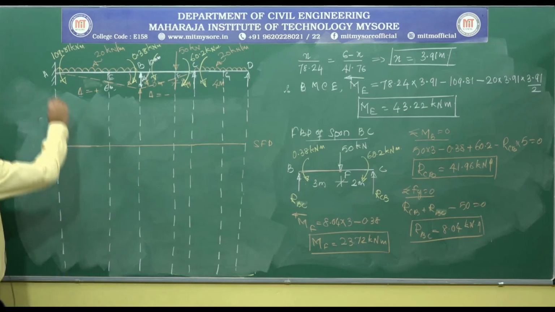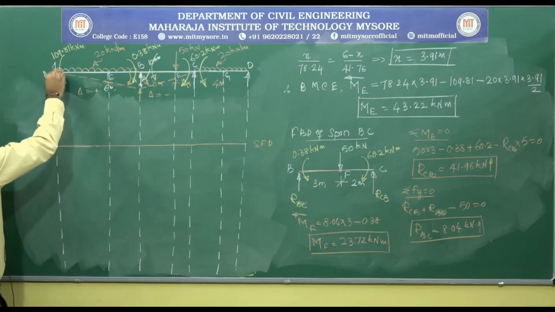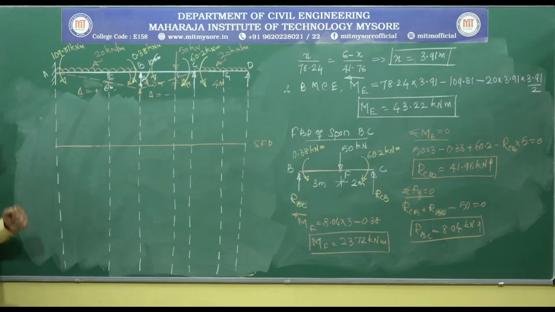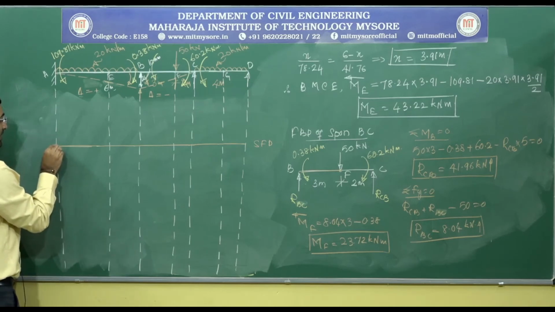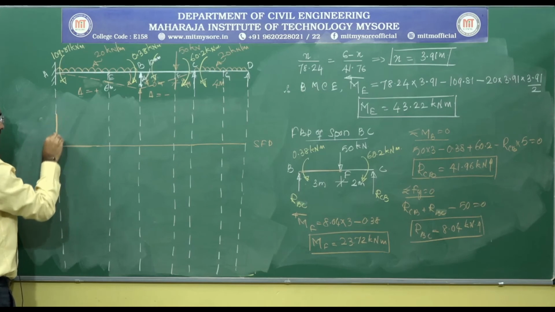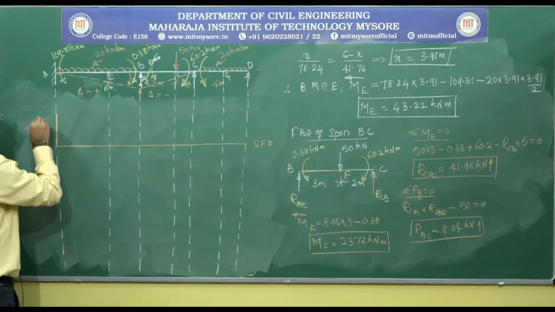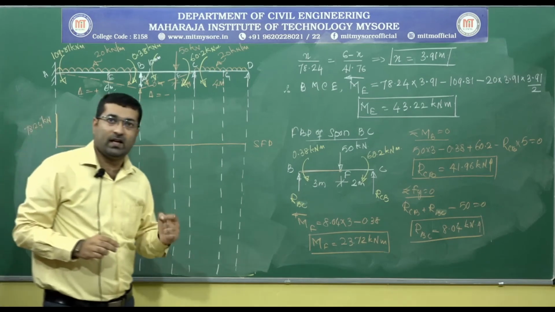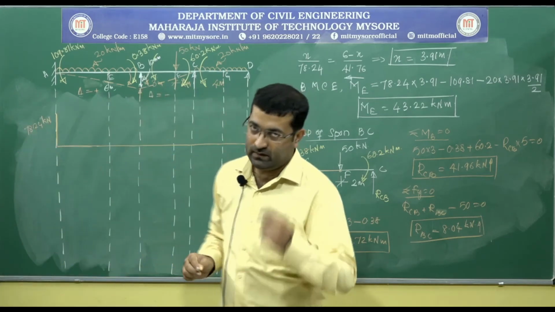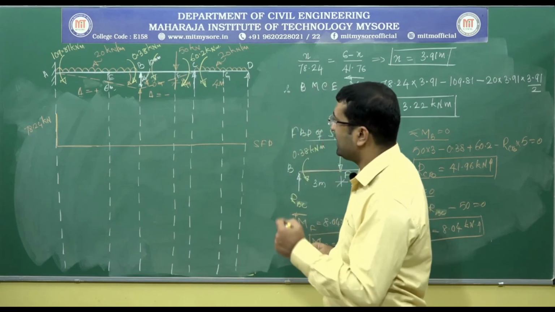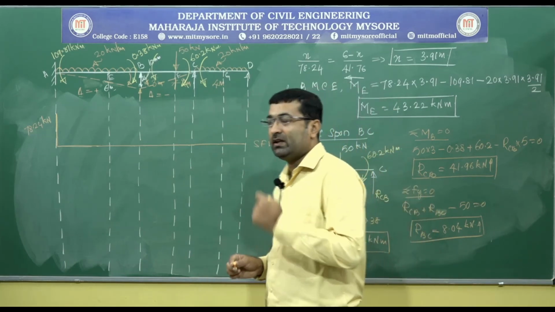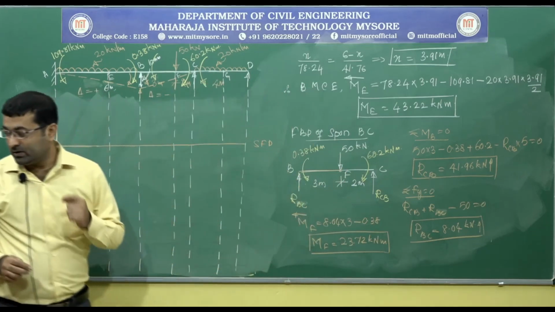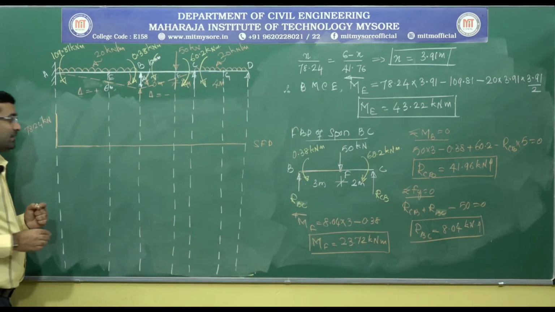Okay, so for the span AB, at A we have a reacting component RAB, which is 78.24. So I will represent this by taking a line vertically up, 78.24 kilonewton. Soon after the point A till point B, we have a UDL which is acting vertically downwards. So 78.24 minus that UDL gives you a negative value, that is minus 41.76.